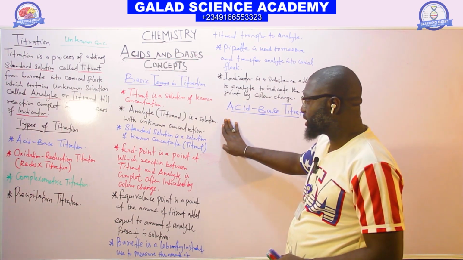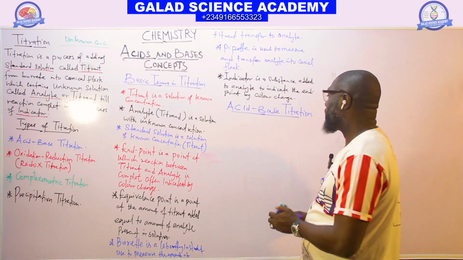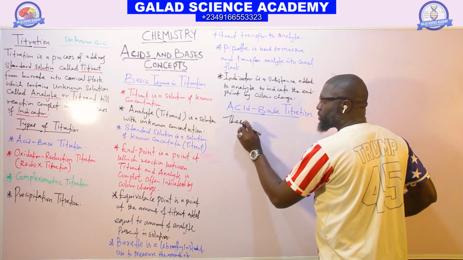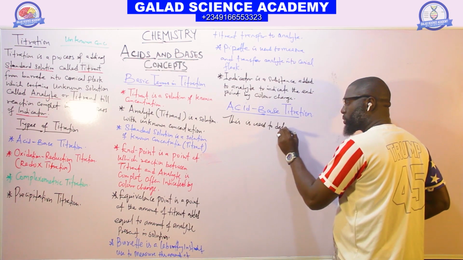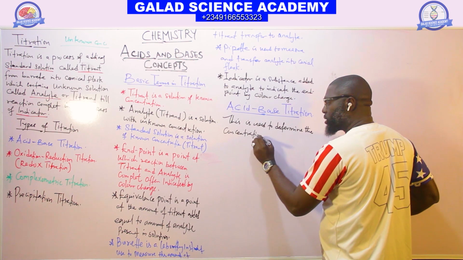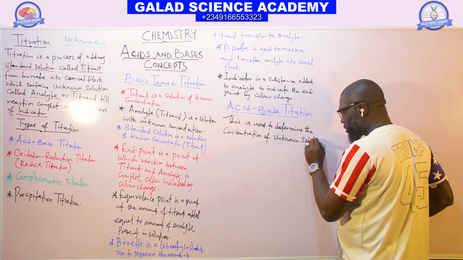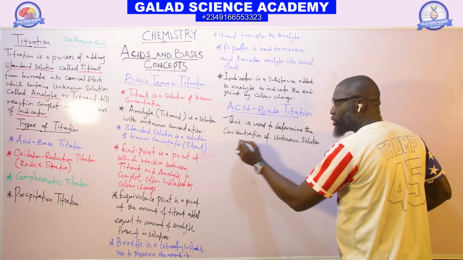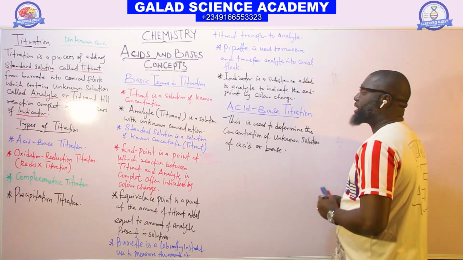Like I said, acid-base titration is a titration that is used to determine the concentration of an unknown solution of acid or base.